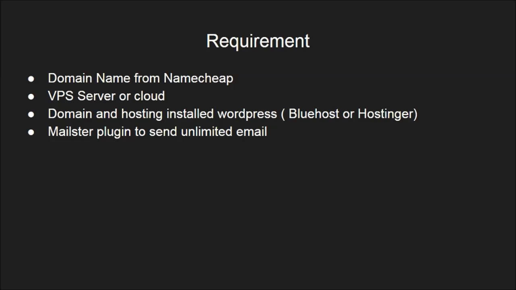Second, a VPS server or cloud service. VPS stands for Virtual Private Server. It's a type of hosting service that gives you your own space on a physical server, which you can use to host a website or, in this case, an email server. A cloud service is similar but uses a network of remote servers hosted on the internet to store and manage data.